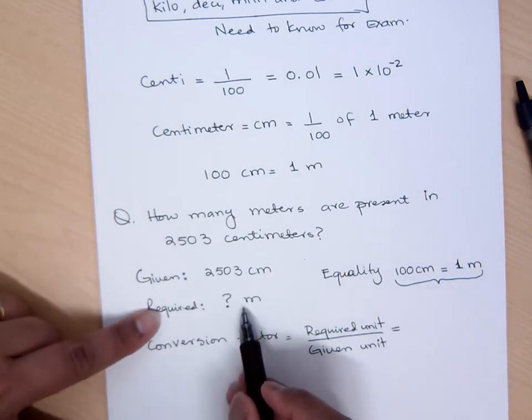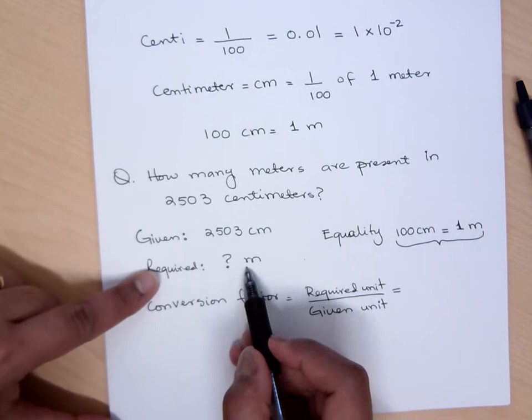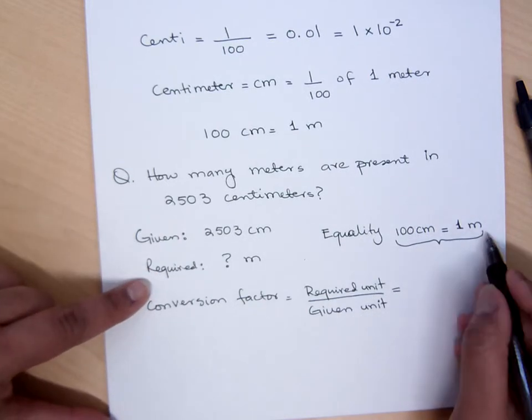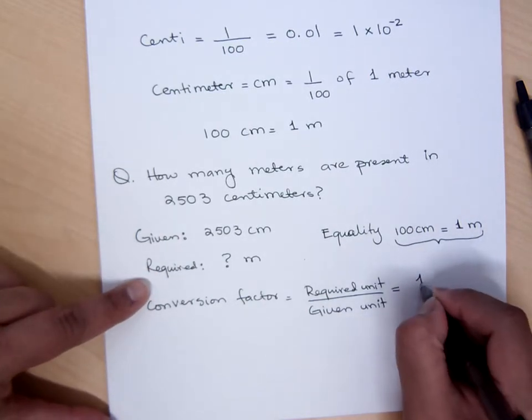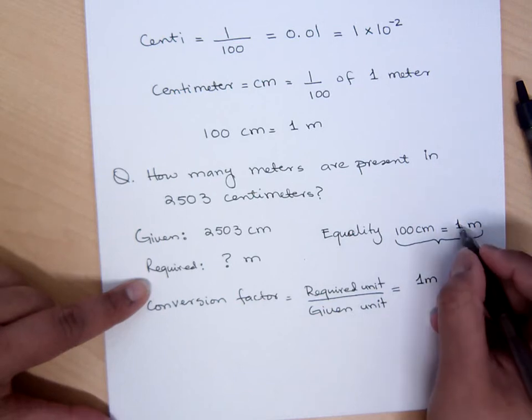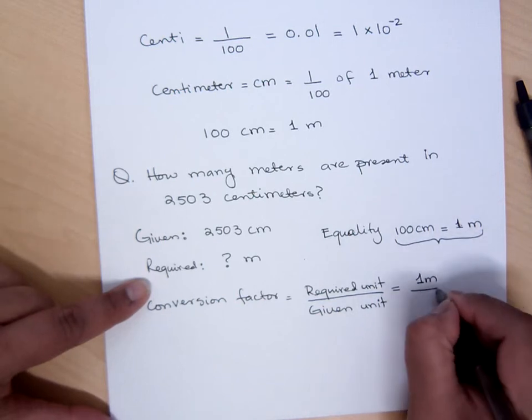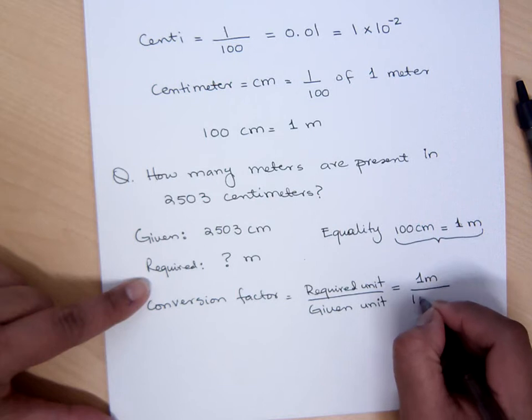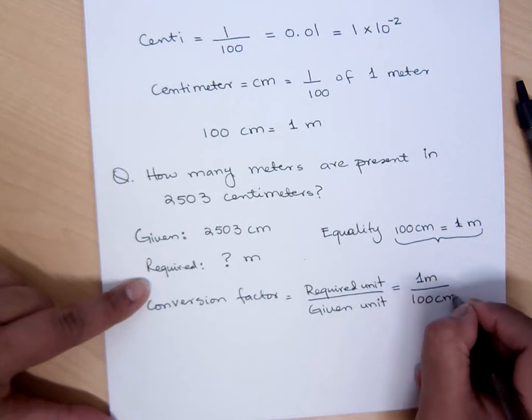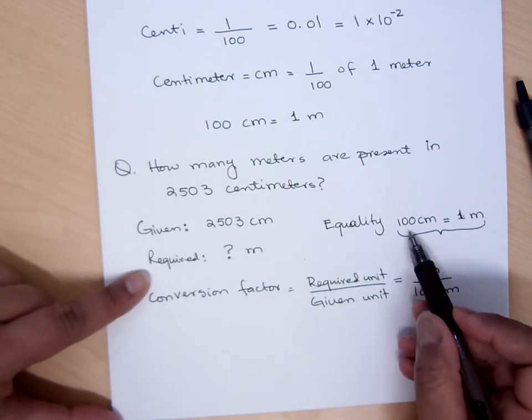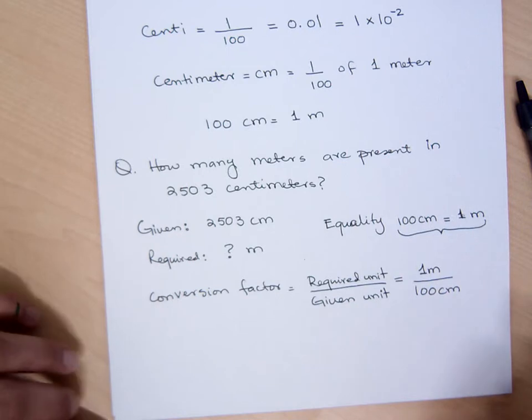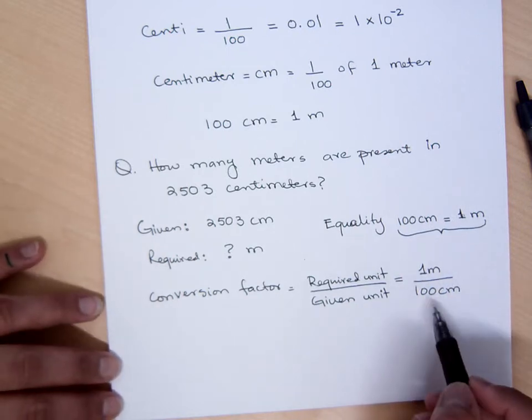The required unit for your case is meters. So you put the meters information on top with this number and the centimeter information on the bottom with this 100 number. Once you have done that, this is your conversion factor.